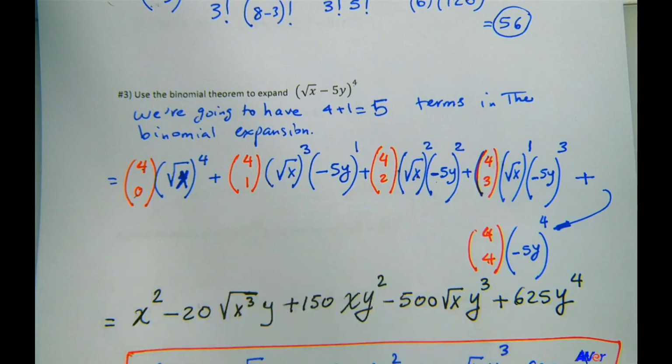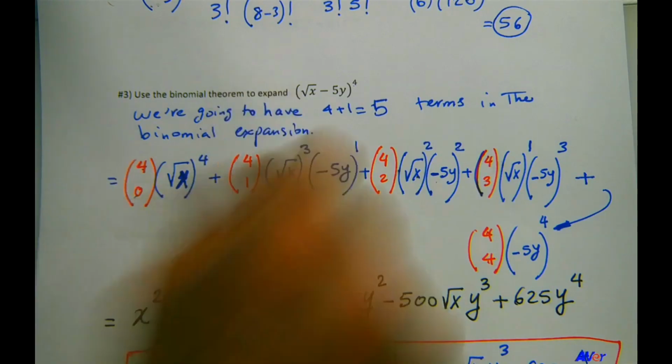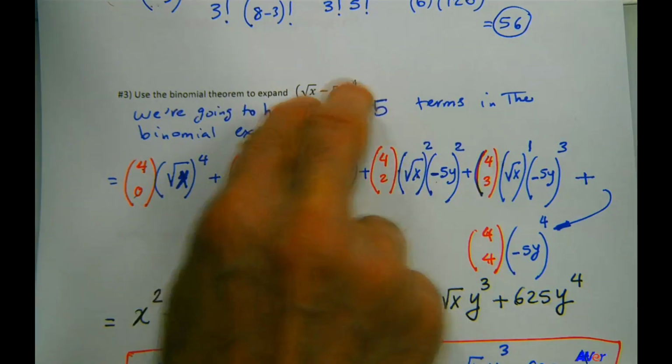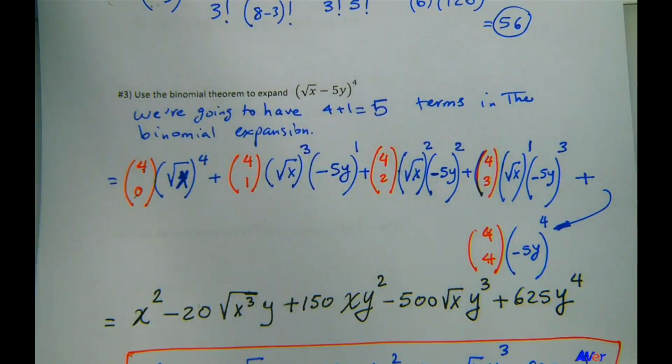But with this method, you practice with these, a few of these, you'll get so comfortable with it, you can finish one of these in a couple of minutes. And imagine that, rather than sitting here and multiplying these binomials 4 times, or for higher powers 5 or 6 times by each other. It would be a very laborious task to do that. So these make the job much, much easier. Okay.